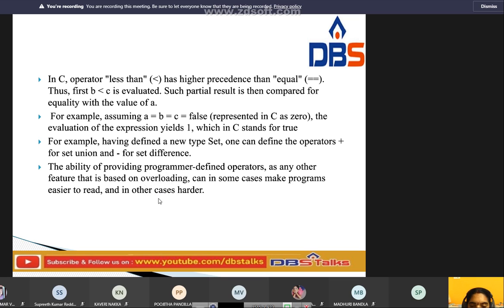In some cases it makes programs easier to read, in other cases harder.